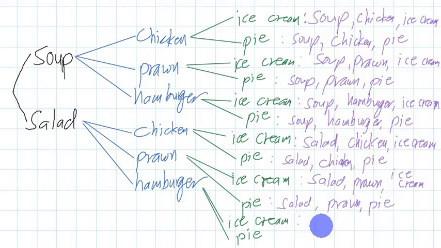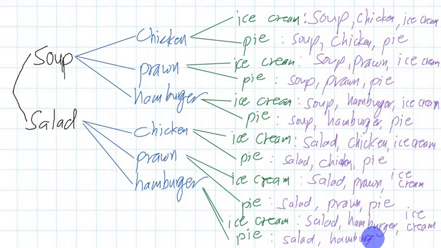Then the last two, salad, hamburger, ice cream. Then the last would be salad, hamburger, pie.